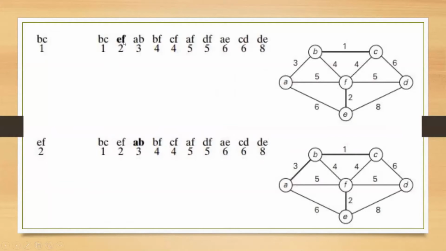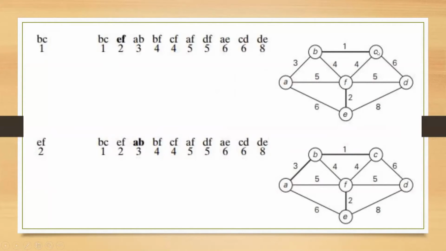Before putting a box for EF, you first check whether, if you consider EF, it forms a cycle. First you have to see the minimum edge. After taking that minimum edge, the next step is to check whether it forms a cycle. If I choose this E and F, does it form a cycle with B and C?